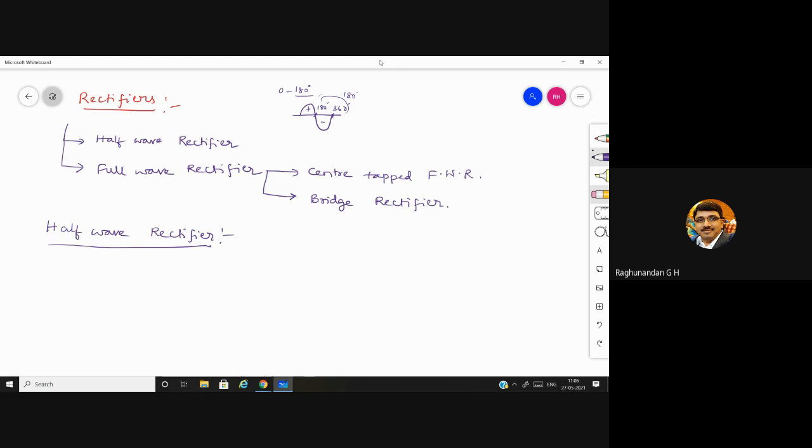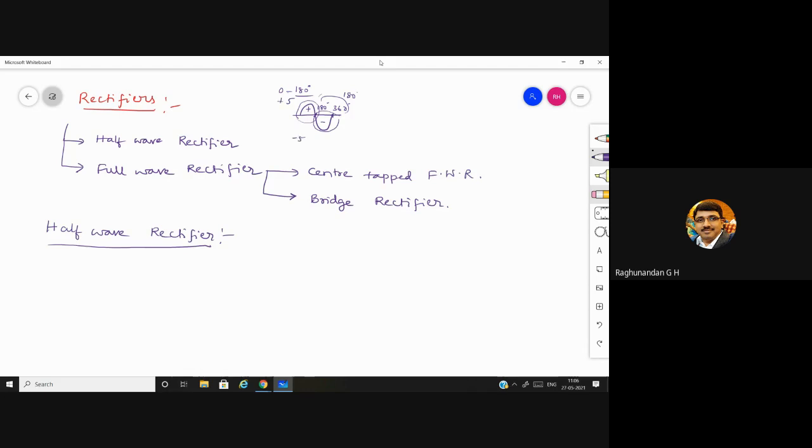Here each half cycle is processed in the rectifier, but in the half wave rectifier it is going to rectify only one of the half cycles. It is going to rectify the positive half cycle, and when the negative half cycle is passed through the rectifier, it is going to give out zero voltage, even though your input voltage might be, let us take, plus 5 and minus 5.